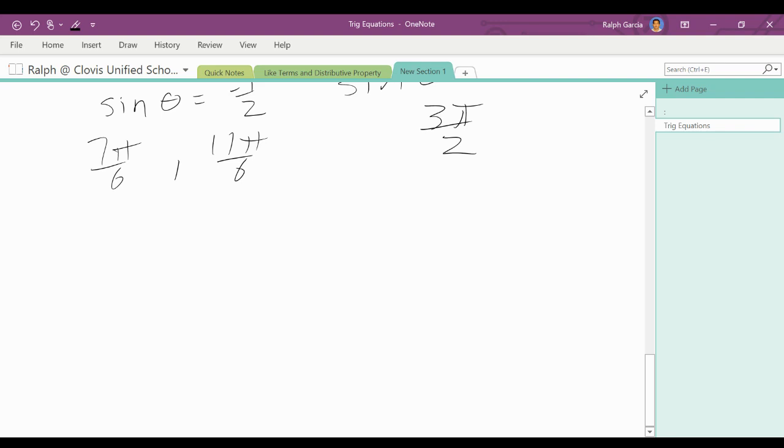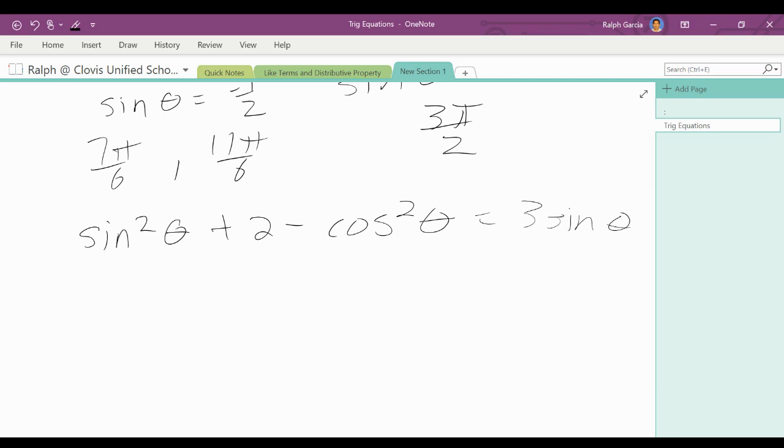All right, let's do one more here, and this one will require a trig identity. Sine squared theta plus 2 minus cosine squared theta equals 3 sine theta.